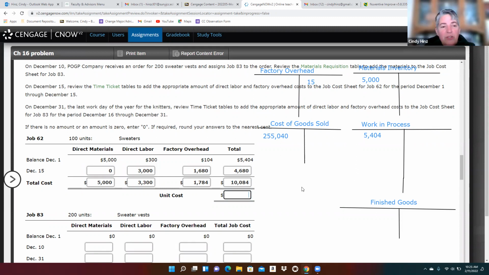Because we finished up this job, we can also now calculate the unit cost, which means how much did each sweater cost us. And it tells us right here that this job 62 was for 100 sweaters. So we can just take that total and divide by 100 to get the unit cost of $100.84 per sweater.